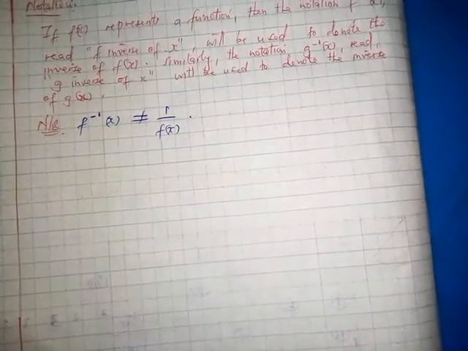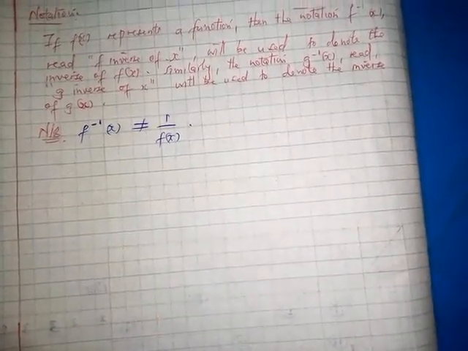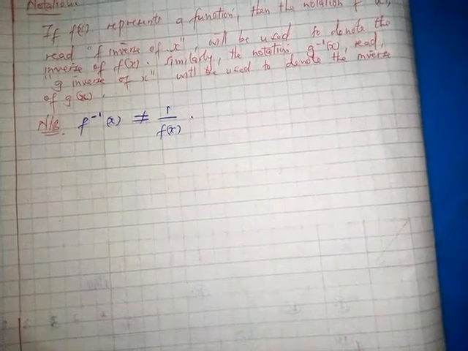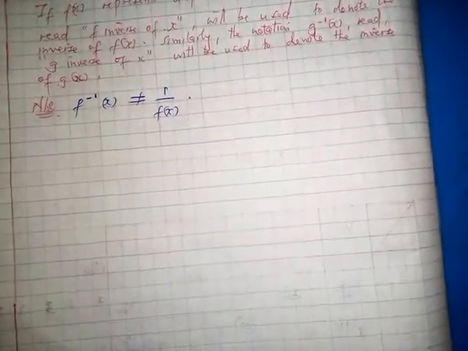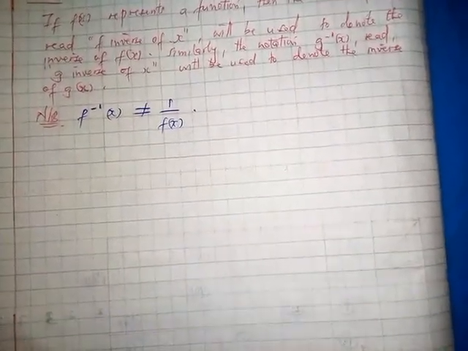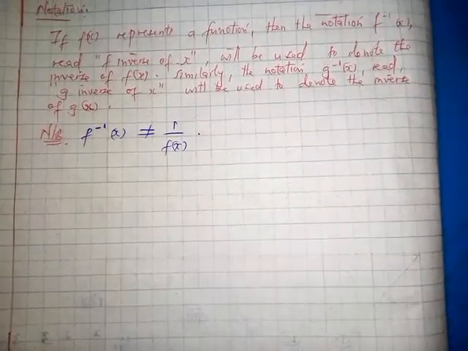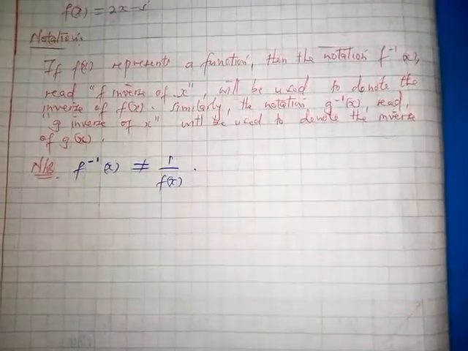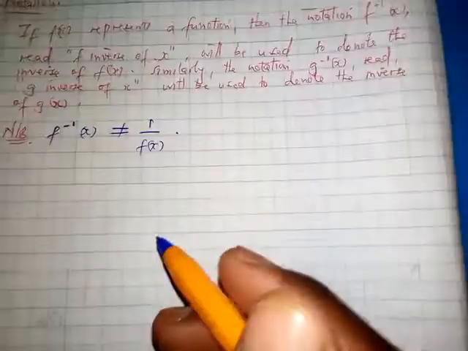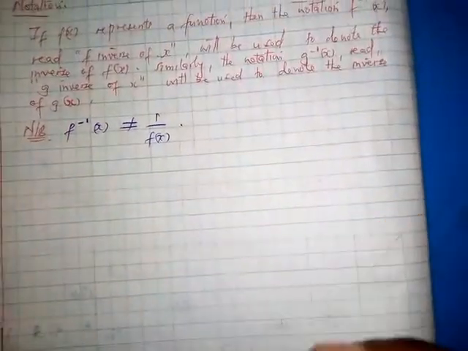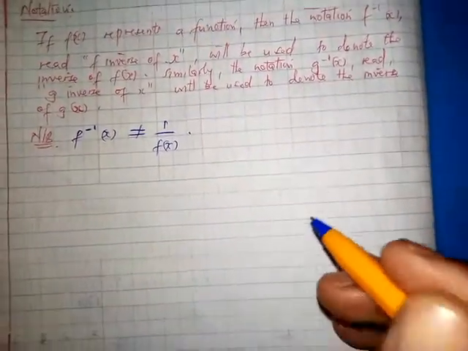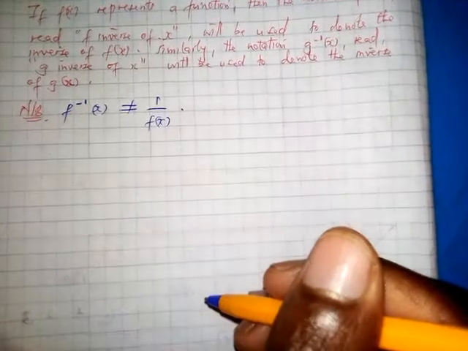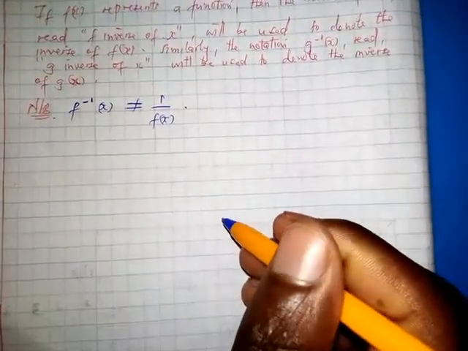To determine if a function has an inverse function, we need to talk about a special type of function called a one-to-one function. A one-to-one function is a function where each input x value has a unique output y value.